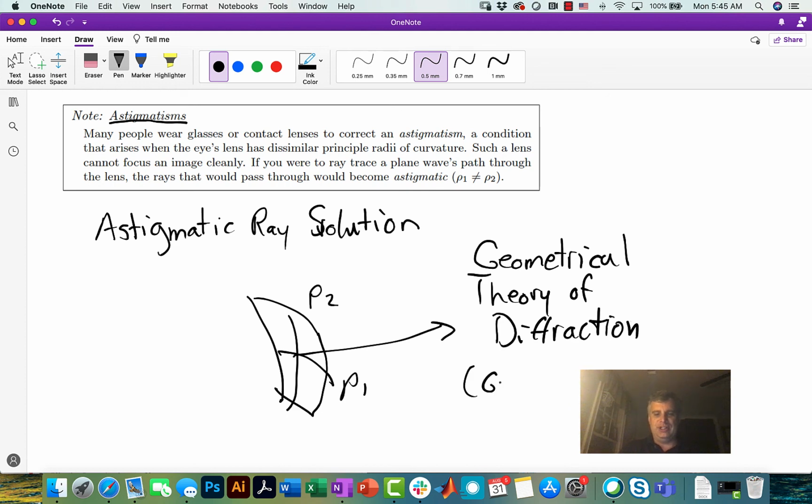Or GTD for short. GTD says basically, okay, I have a transmitter, and I'm sending out a wave or a source of some sort. Let's say I encounter a corner. Well, we know that in the far field, all sources ultimately act like spherical waves, right?